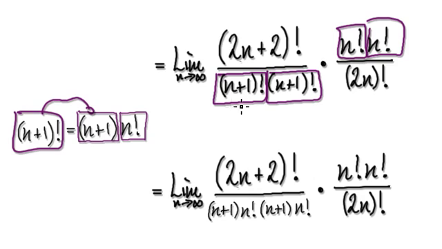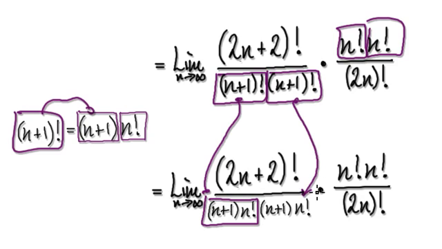So you can write this block as this thing here, and rewrite this block as this block here. So now this n! will cancel out with this n!.